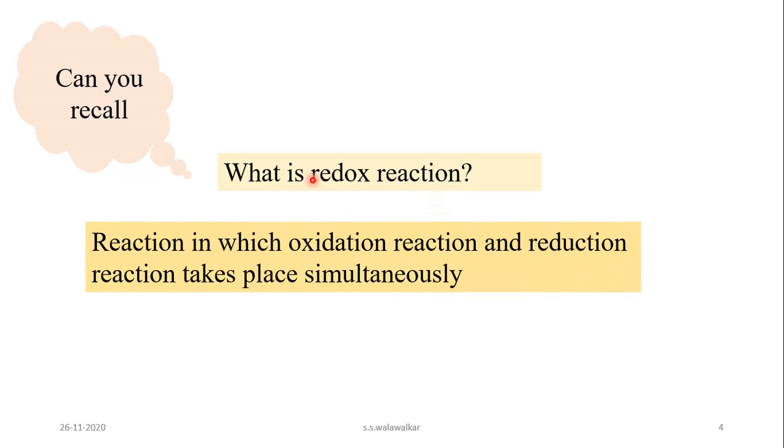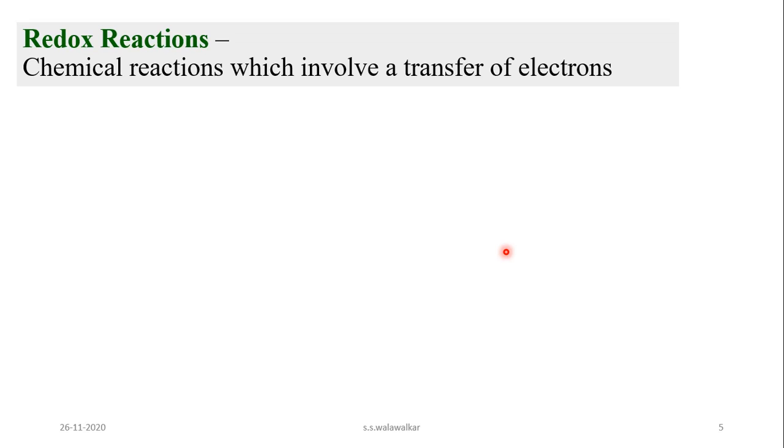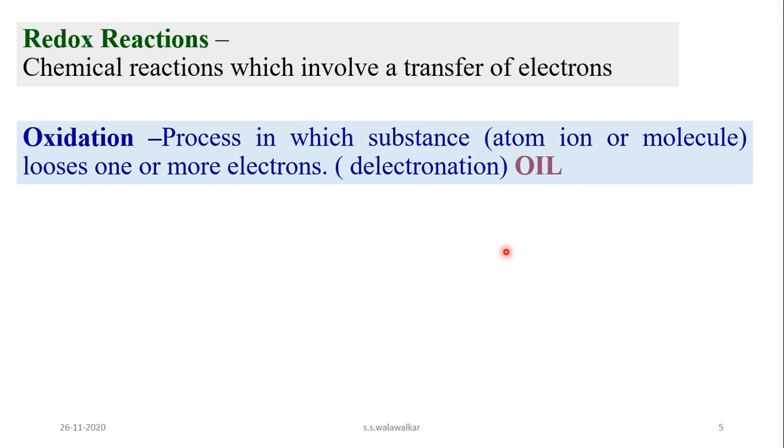Redox reaction is a reaction in which oxidation reaction and reduction reaction take place simultaneously, one after another. So redox reaction is a combination of oxidation reaction and reduction reaction. So what is meant by oxidation and what is meant by reduction reaction, that we will see.